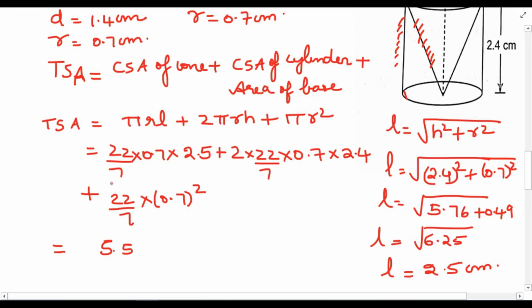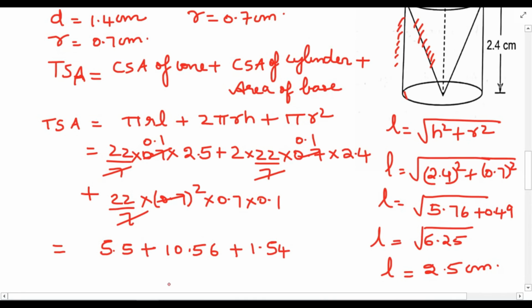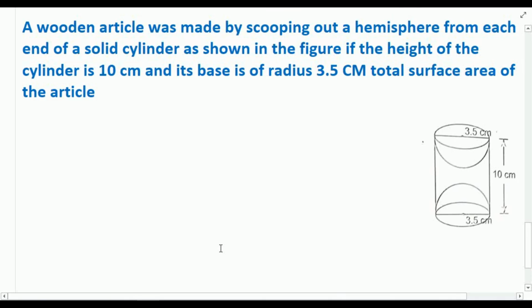When you simplify this, this and this will get cancelled, 0.1, so it is 5.5 plus, again this you can cancel, 0.1. When you multiply this, the curved surface area of the cylinder is 10.56, and here 7 can be cancelled, so it is 0.7 into 0.1. When you simplify this, the area of the base will be 1.54 centimeter square, and adding all these you will have 17.60 centimeter square. Next question.